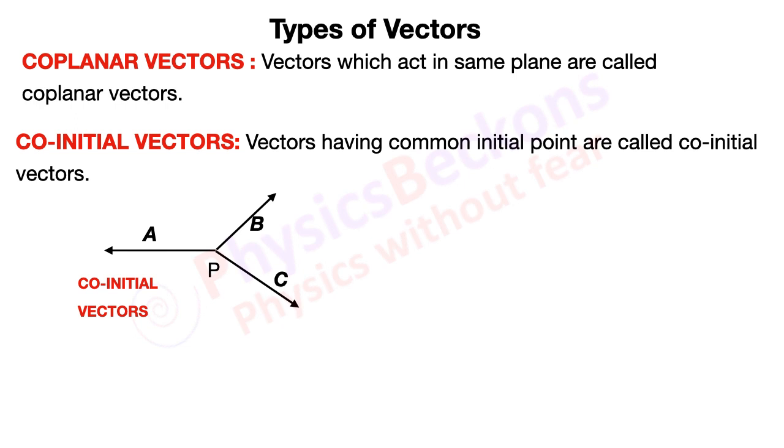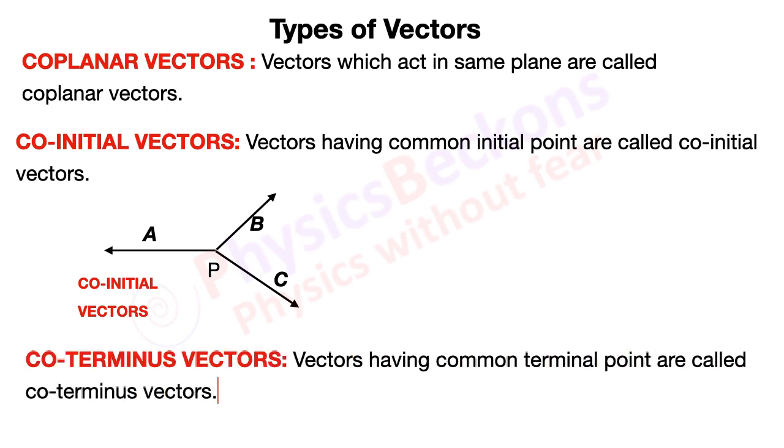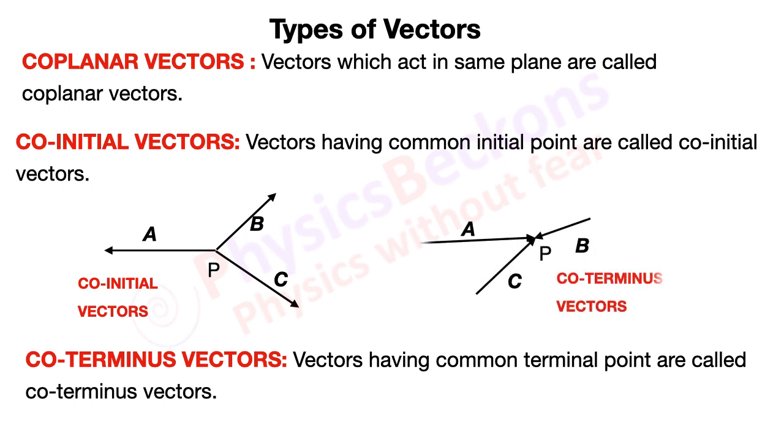So A, B and C are called co-initial vectors. Similarly, we have coterminous vectors. The vectors having a common terminal point are called coterminous vectors. See the diagram here. Vector A terminates at P, B terminates at P, and C also terminates at P. So A, B and C are coterminous vectors.